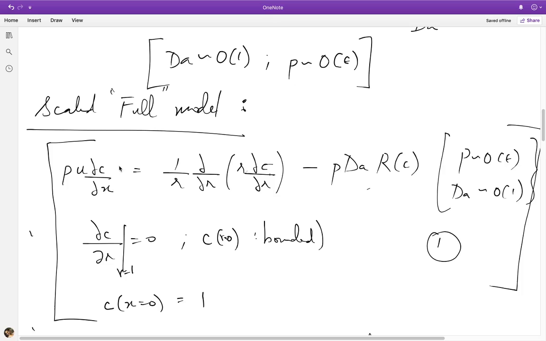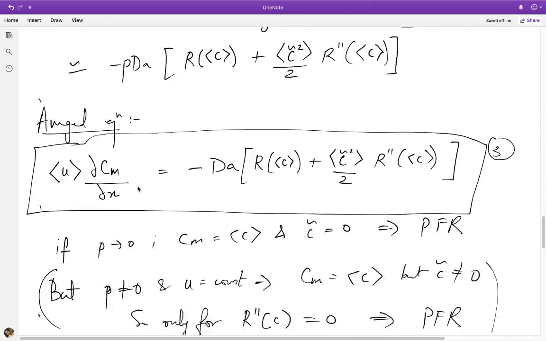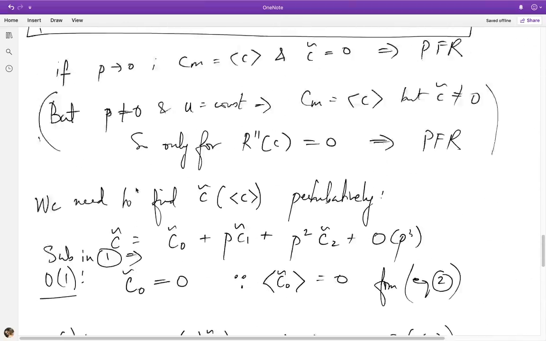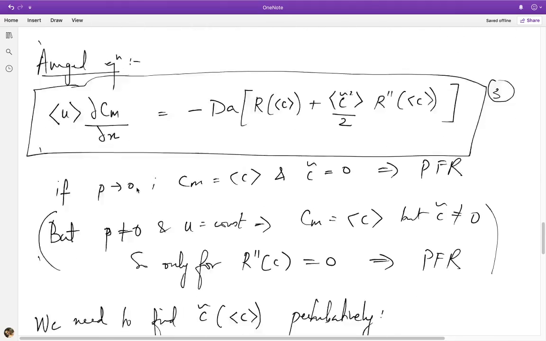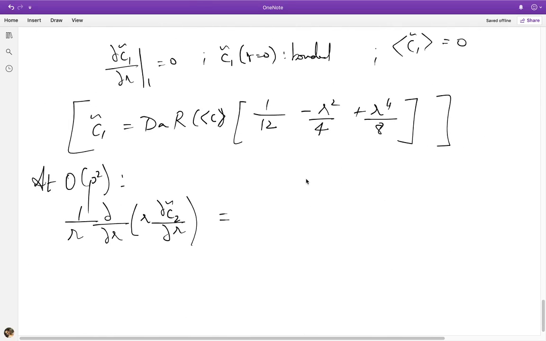One is u d/dx of c tilde, the other is u d/dx of the cross section average of c. But u d/dx of the cross section average I can rewrite using this. So u times d/dx of the cross section average is u times all of this stuff. So from here I can also extract the order Peclet squared terms. If you write this all down and do it carefully, you can show that you get the following result.